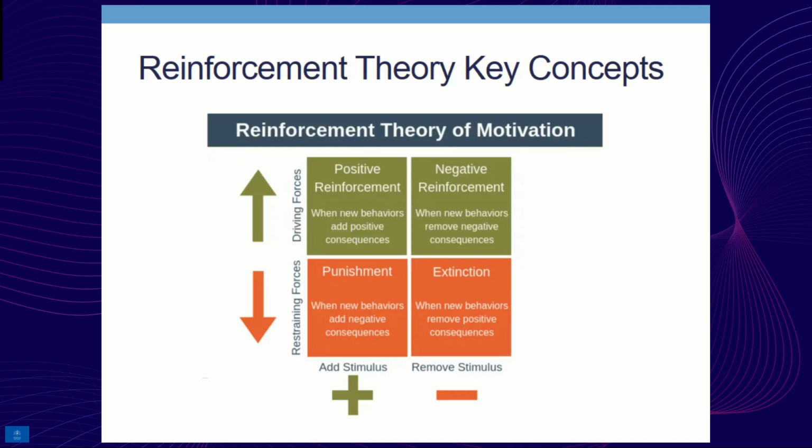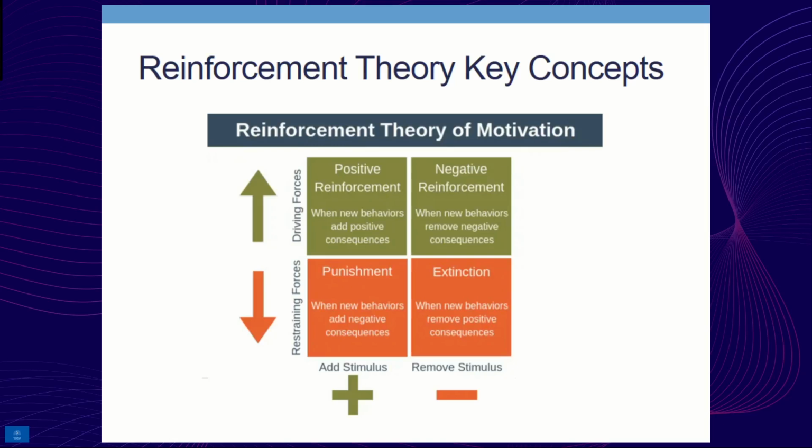Driving forces encourage good behavior, whereas restraining forces aim to limit or stop a poor behavior. Sometimes we receive a stimulus for behaving a certain way. For example, when we behave desirably, we may get something nice as a reward, or a punishment may be our reward for exhibiting a poor behavior.